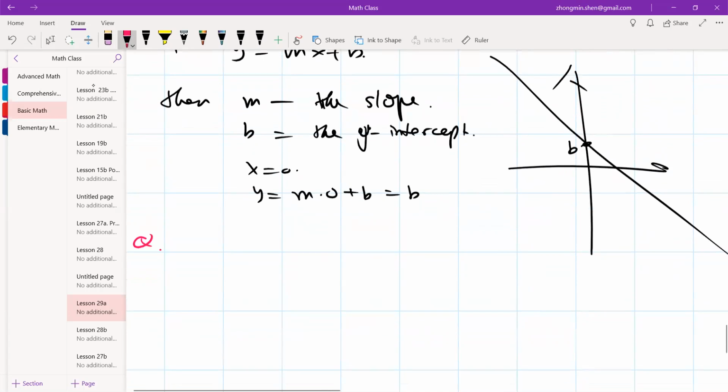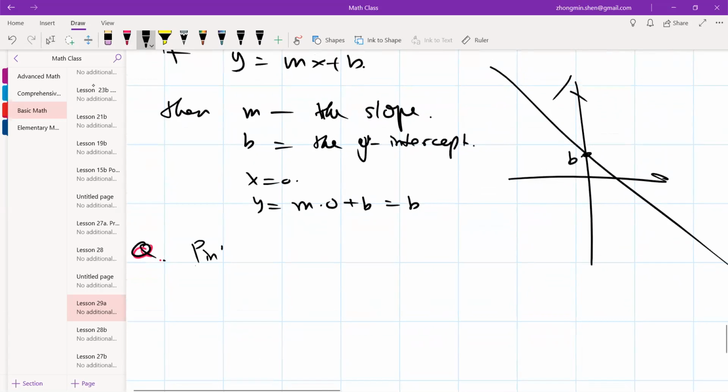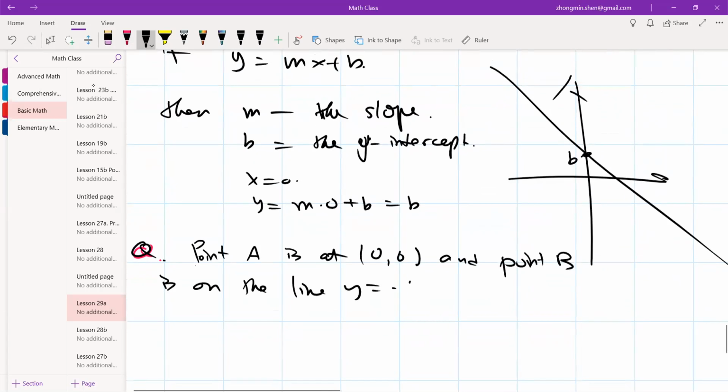Okay, let's look at the next problem. Point A is at 0, 0, and point B is on the line y equals 4.